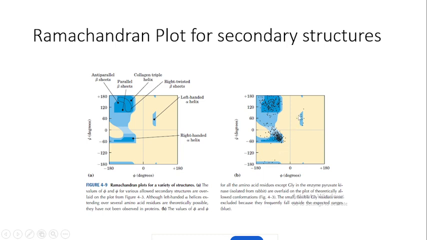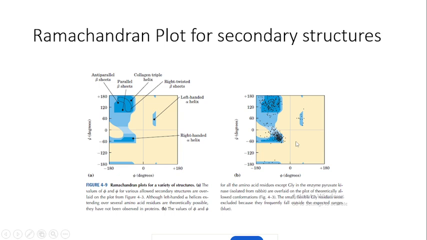Only the glycines are in the non-allowed region. The phi-psi combination of glycine is falling in the non-allowed region, right?